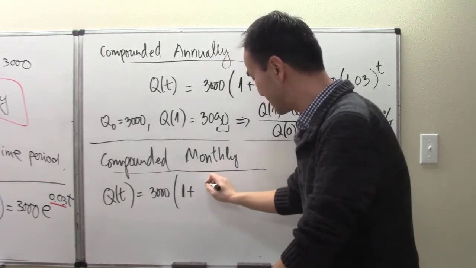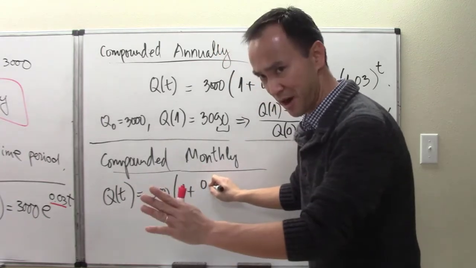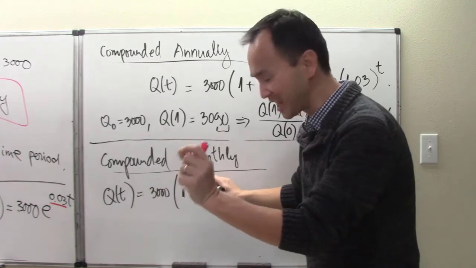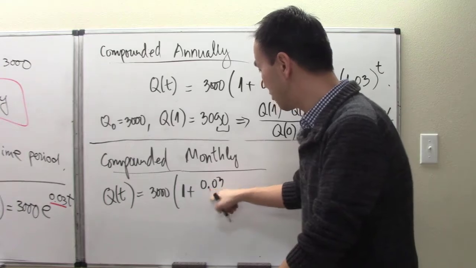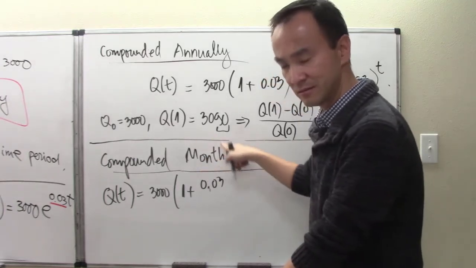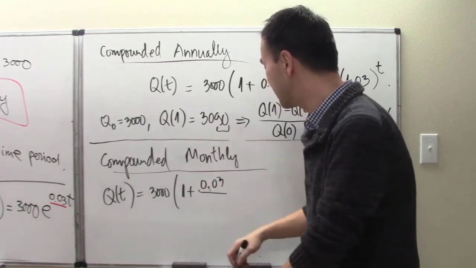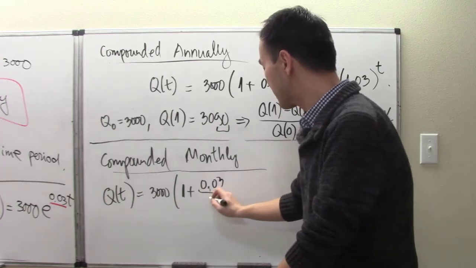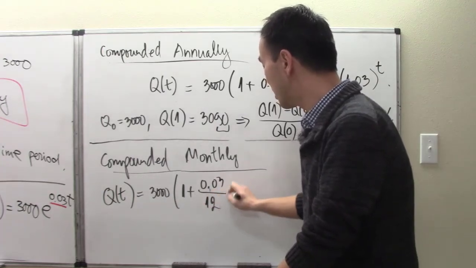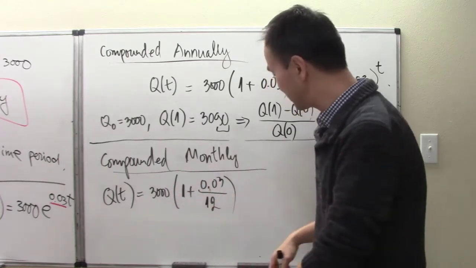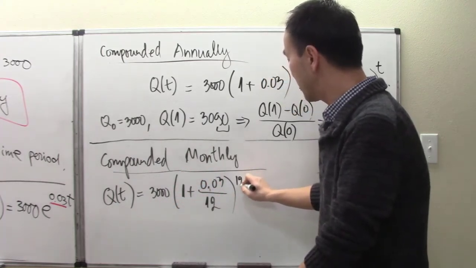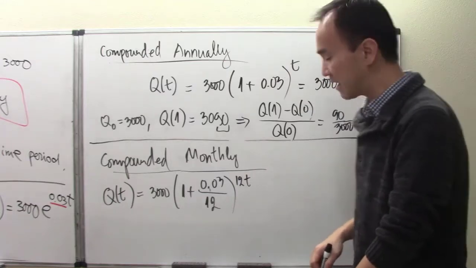So 1 plus the interest rate stated in the problem annually, 0.03, but now we're going with monthly compounding, so we divide by 12 because n equals 12. There are 12 compounding periods per year, and then 12t. That's our function right there.